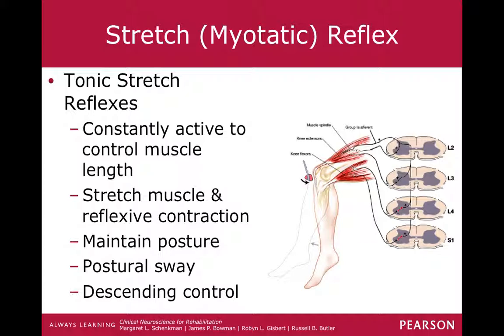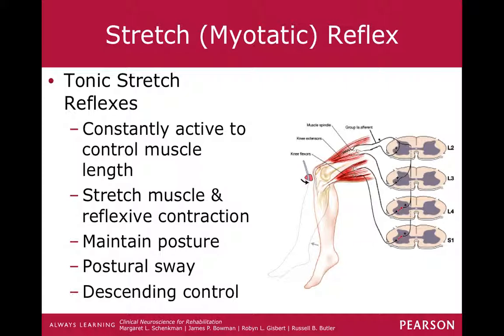The tendon tap, elicitation of the stretch reflex, is a good example of a tool to test CNS excitability. However, the stretch reflex is not just there to test central nervous system excitability. The tonic stretch reflexes function to constantly be active to control muscle length, with a stretched muscle producing a reflexive contraction.